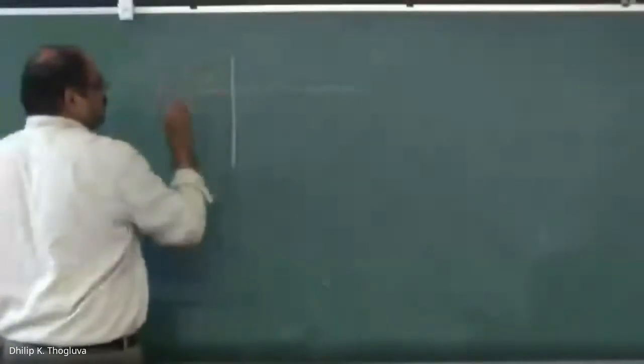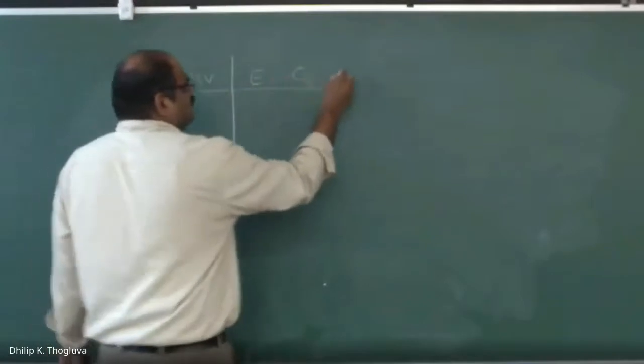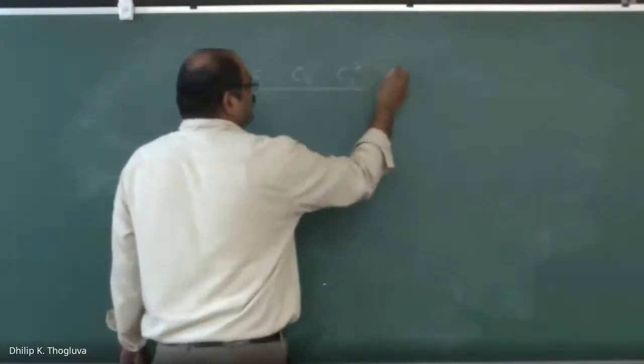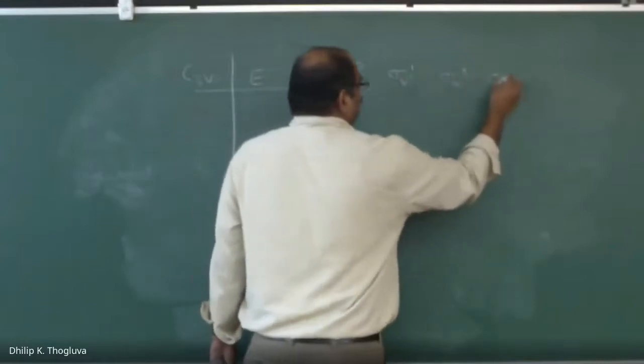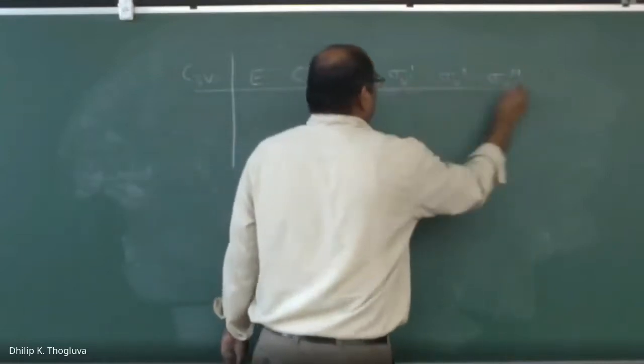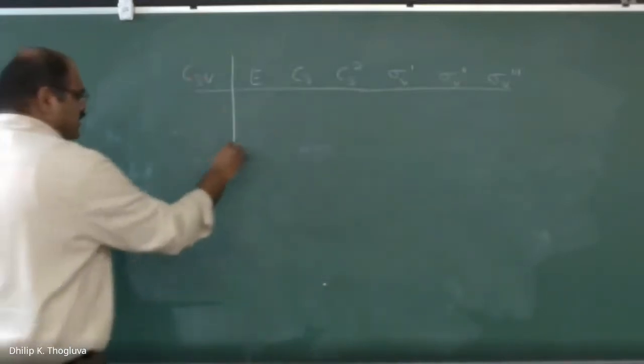Something like this you will find in a character table. I think this is E, C3, C3 squared, sigma v prime, double prime and triple prime, right? This is what we wrote. Now here is the character table of C3v.